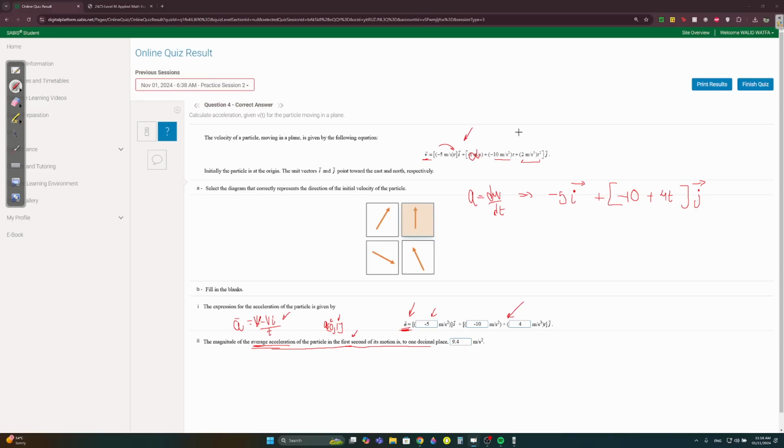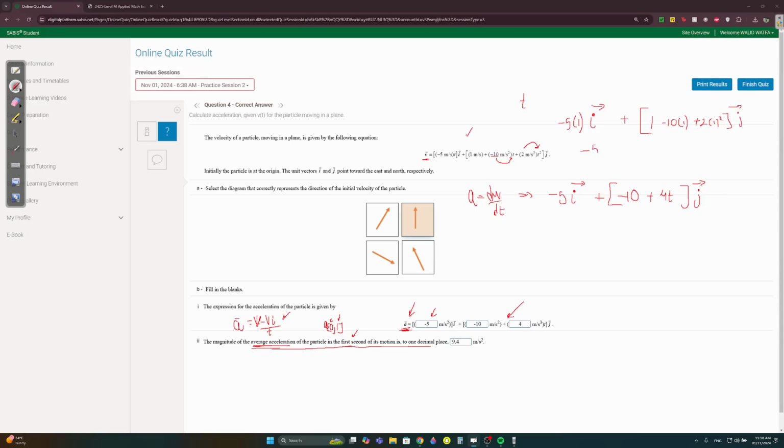How do I find it? I'll go back up to here. It's going to be t equals 1, so it's going to be minus 5 times 1 i, plus 1 minus 10 times 1, plus 2 times 1 squared j.